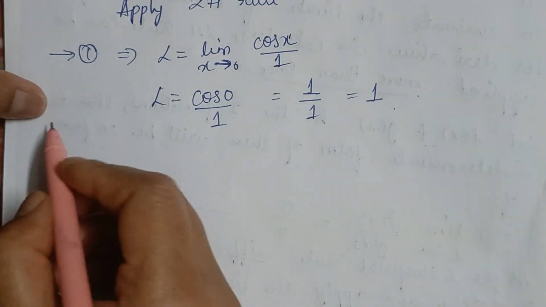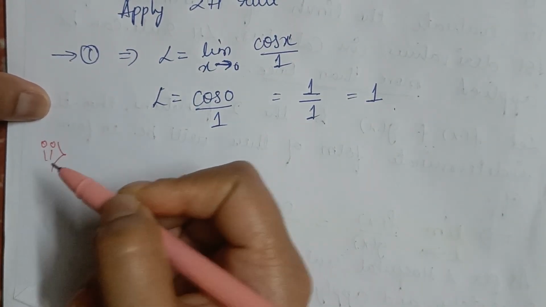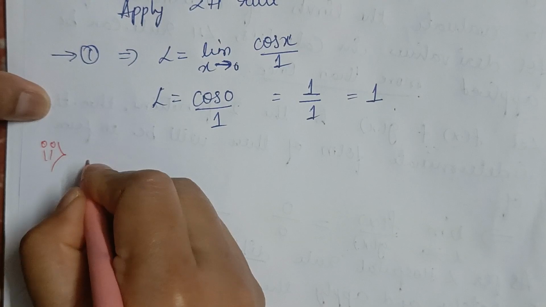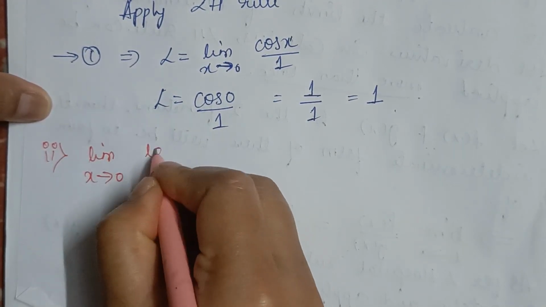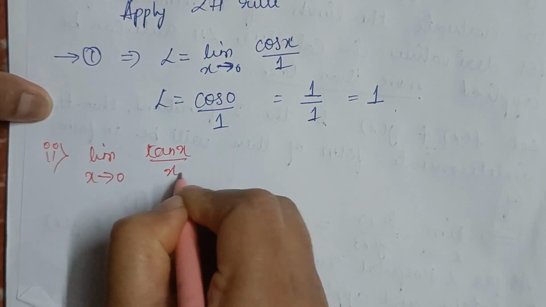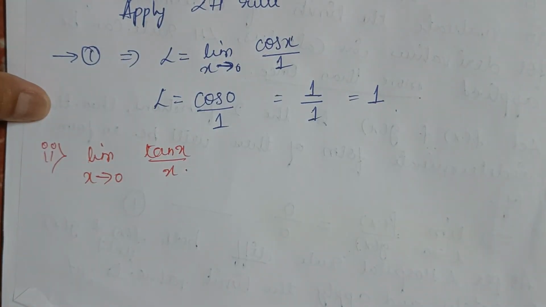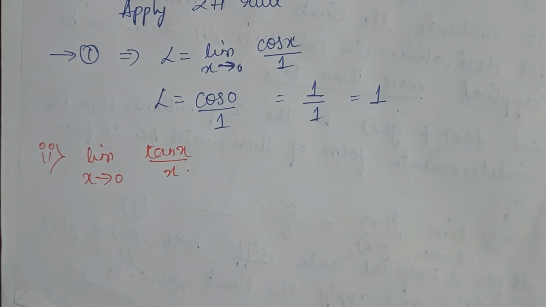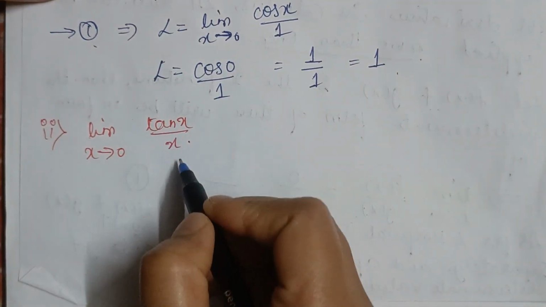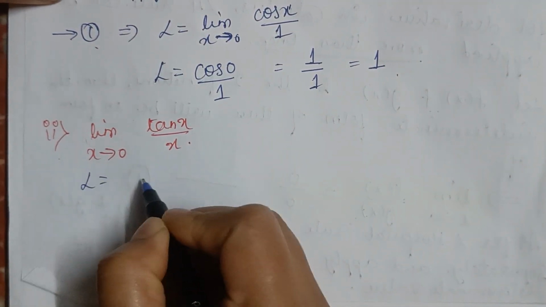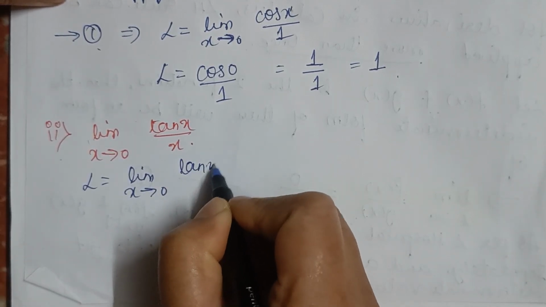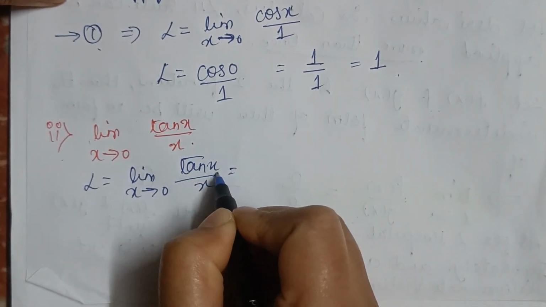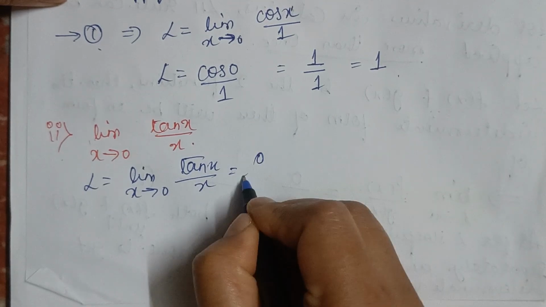Now, I have one more example for you, for your better understanding. Limit x tends to 0 of tan x by x, correct? Now see, if I directly apply the limit, tan 0 is what? 0 divided by 0.